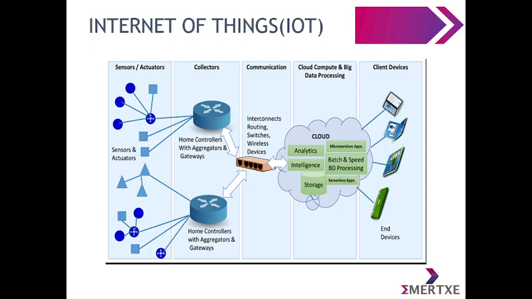In communication they use switches and wireless devices to interconnect, and then cloud computing or data processing happens, in which analysis, storage and data processing take place, and then the result is presented on client devices.